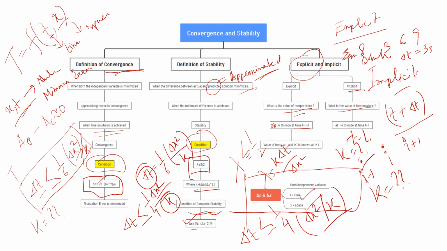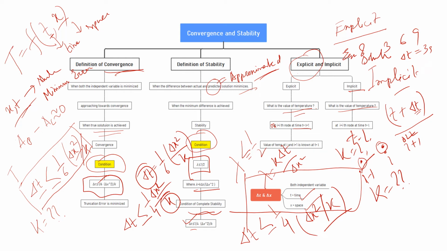So with the help of these temperatures, you will find the temperature at I plus 1 after time has spent by del t, because this del t is the time increment and del x is the space increment.